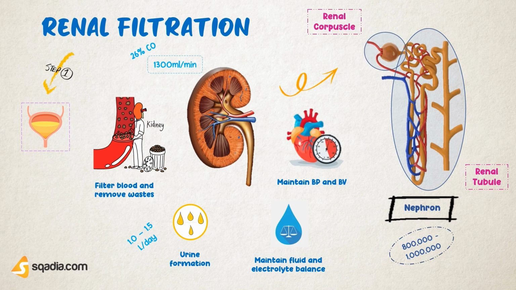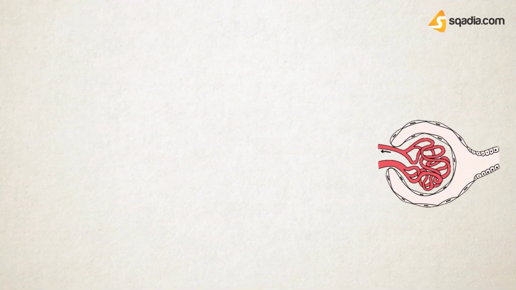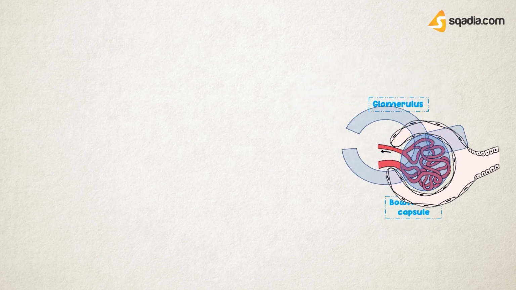The renal corpuscle is the main site of filtration of the blood plasma, which means that the process of glomerular filtration takes place here in this renal corpuscle. This renal corpuscle consists of a tuft of capillaries called the glomerulus, and a cup-shaped structure at the beginning of the tubular component of the nephron, called the glomerular capsule or Bowman's capsule.